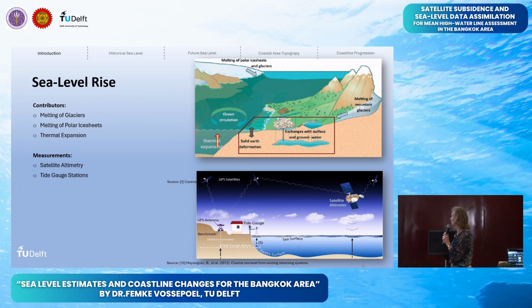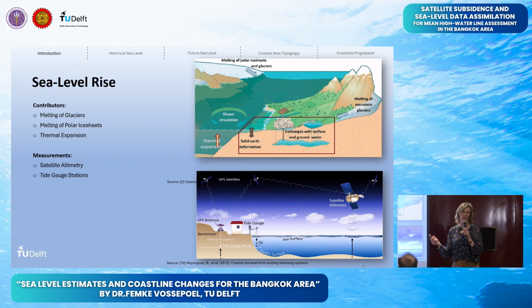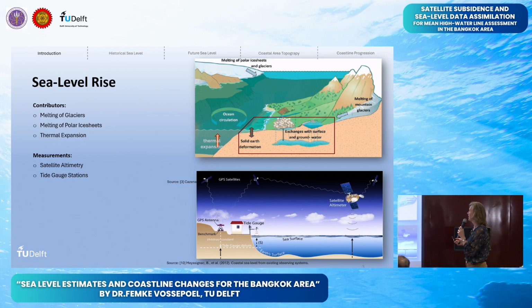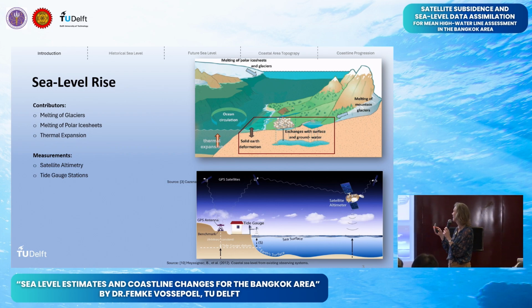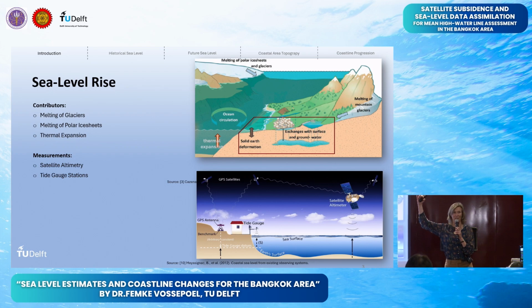But first, I think this is all very much known to you. Just the basics in terms of sea level rise. We have contributions of melting of glaciers, as shown in this picture. Of course, also from land ice. That's the next one, melting of polar ice sheets. And then thermal expansion.